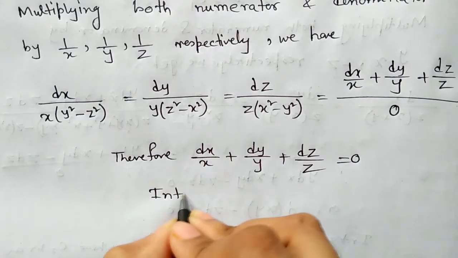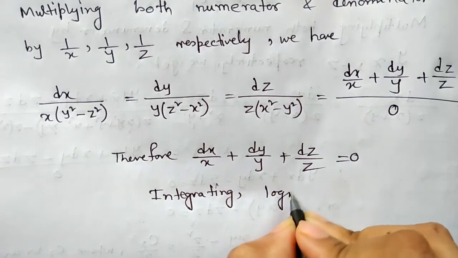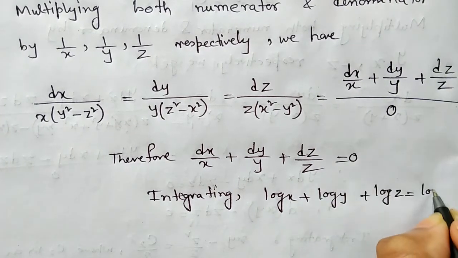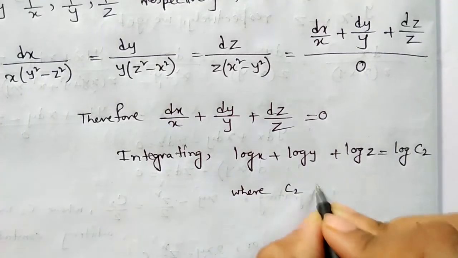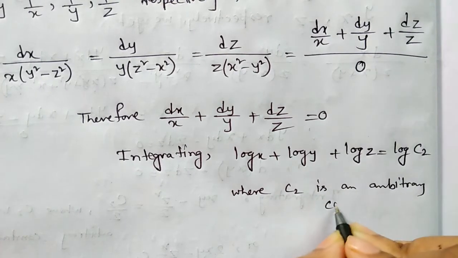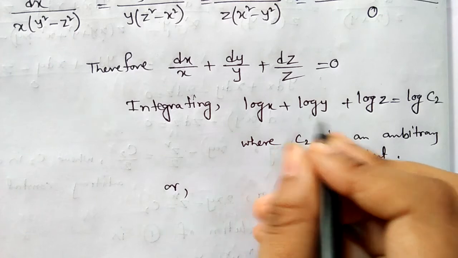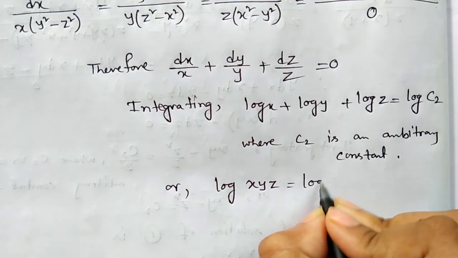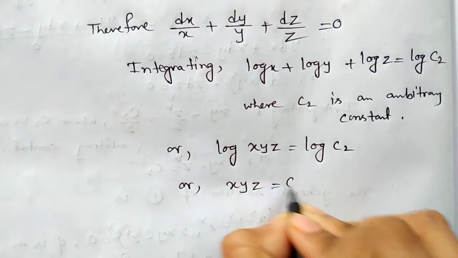Now integrating, we get log x plus log y plus log z equal to log c2, where c2 is an arbitrary constant. Therefore log x plus log y plus log z, that is log xyz, equal to log c2, or xyz equal to c2.